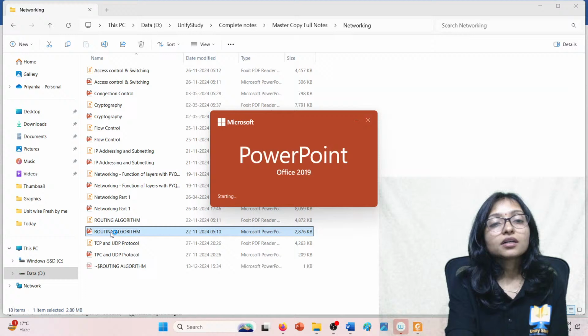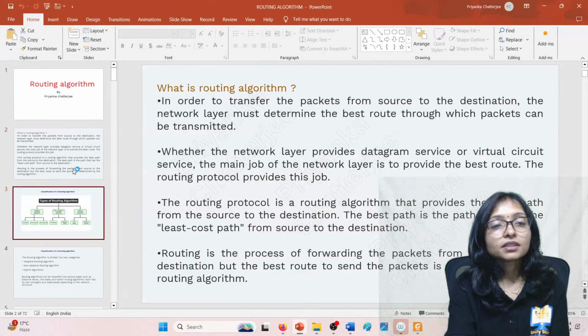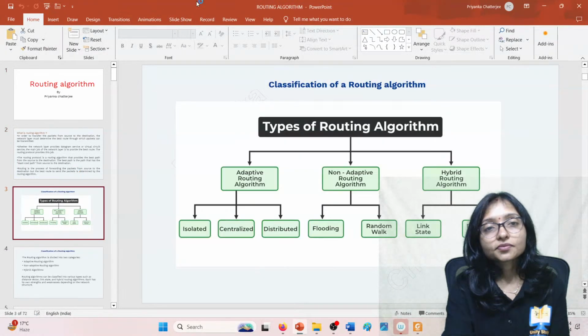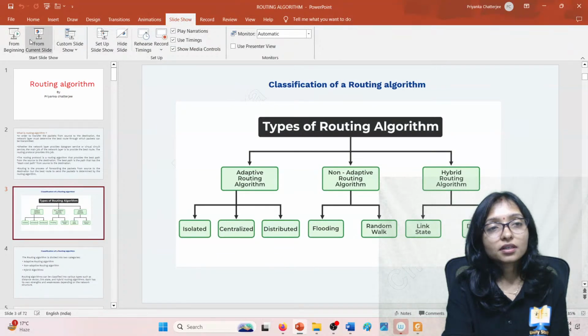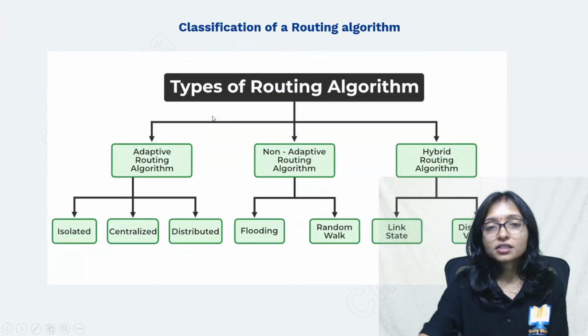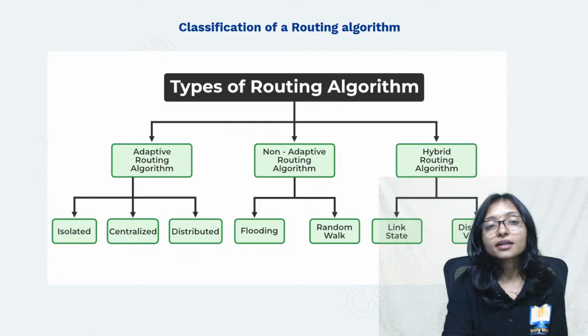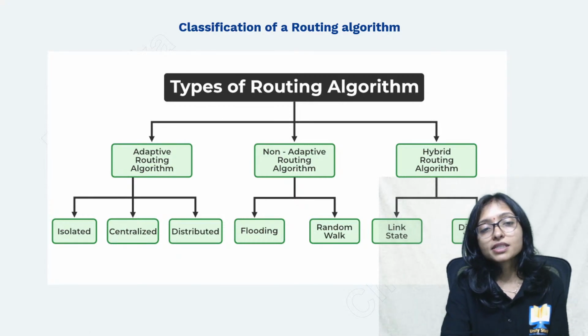Yes, these are the notes for routing algorithm. If you come here quickly, you can see these are the types of routing algorithm: adaptive, non-adaptive, hybrid. Under adaptive it is isolated, centralized, distributed.